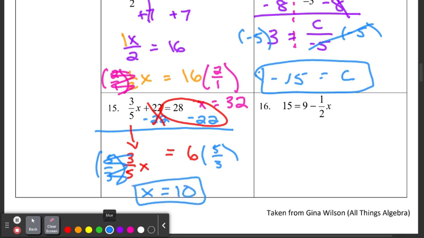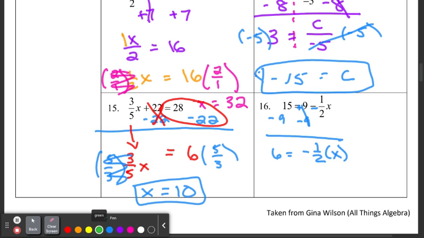This last one is 15 equals 9 minus 1/2 x. This minus goes with the 1/2. Our 9 is actually a positive, so I'm going to subtract it on both sides. So 15 minus 9 is 6 equals negative 1/2 times x.